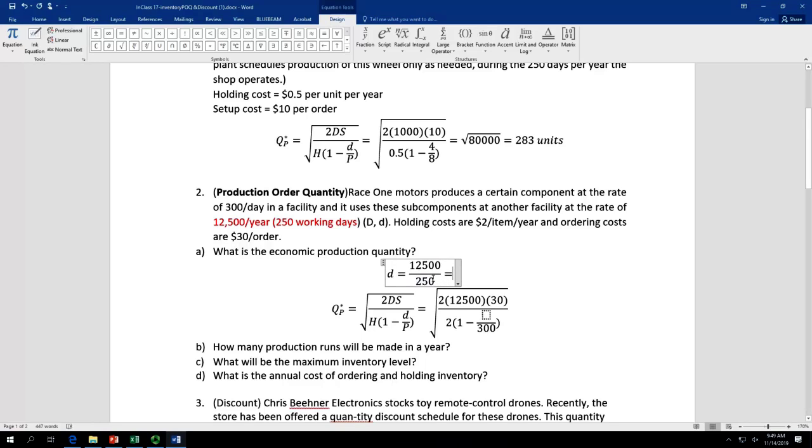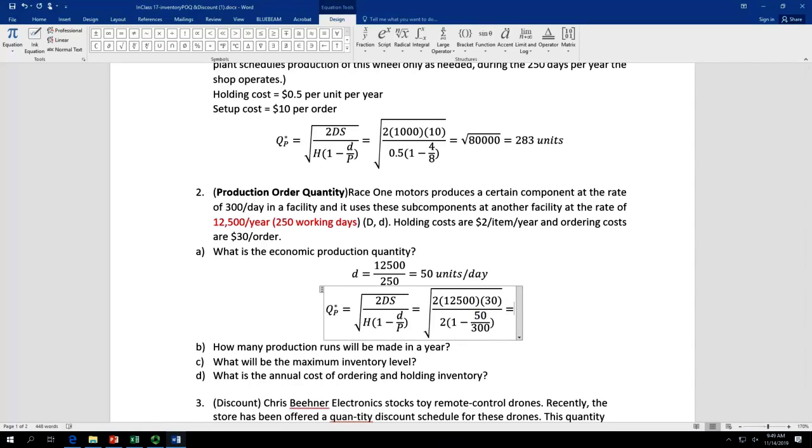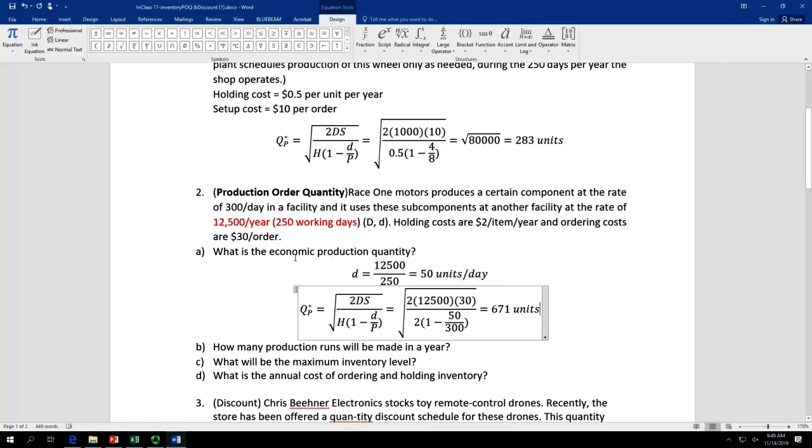So this one gives us the usage rate, the usage units per day. After you insert this part, I can use this number in my second equation. Now we can calculate the optimal production order quantity, 671 units.